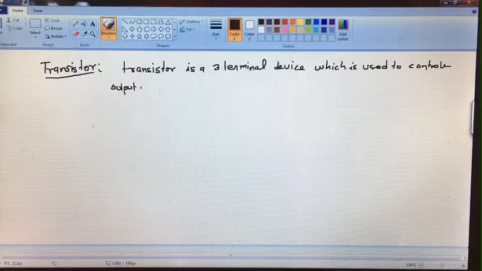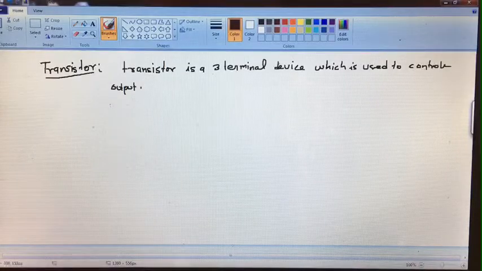One terminal of transistor is connected with input, second terminal is connected with the output, and another terminal of the transistor is used to control the output by providing some energy.